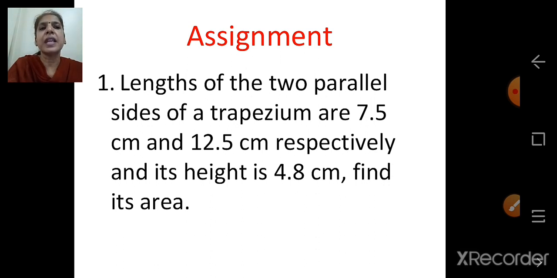Length of parallel sides, which are 7.5 cm and 12.5 cm. Height is 4.8 cm. What you have to find? Area of trapezium. Solution: first you will write the formula. What is the formula, children? Area of trapezium is equal to half into sum of length of parallel sides into height. Then you will substitute, solve and write the answer.